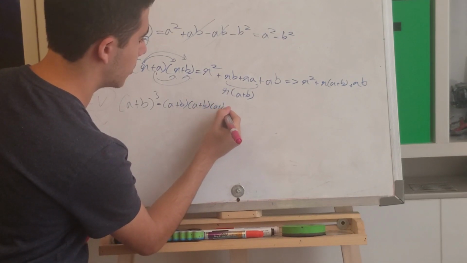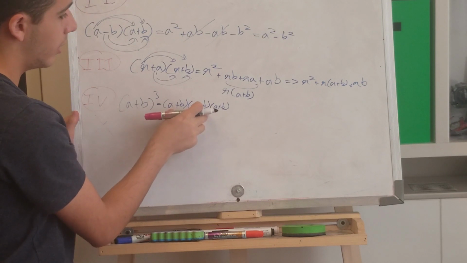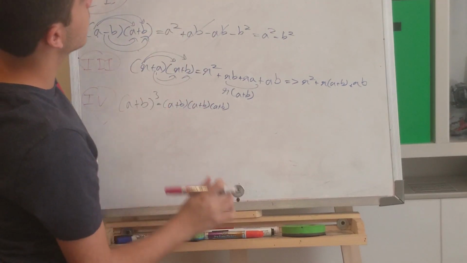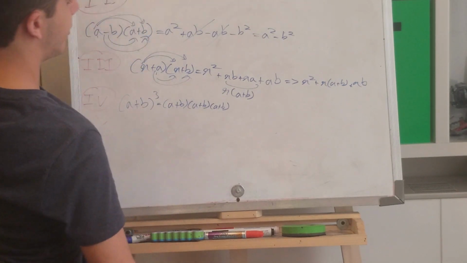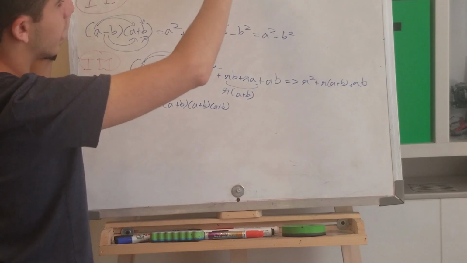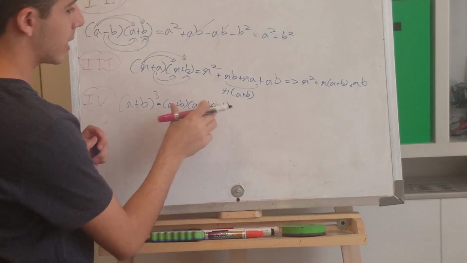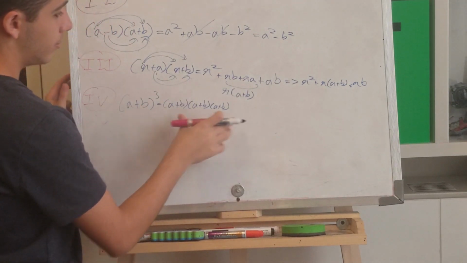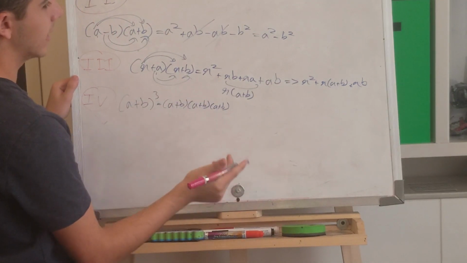These two are this. So technically, you already have this. The difference between that and this is that this is a 2 and this is a 3, because there's 3 of them. That's why.